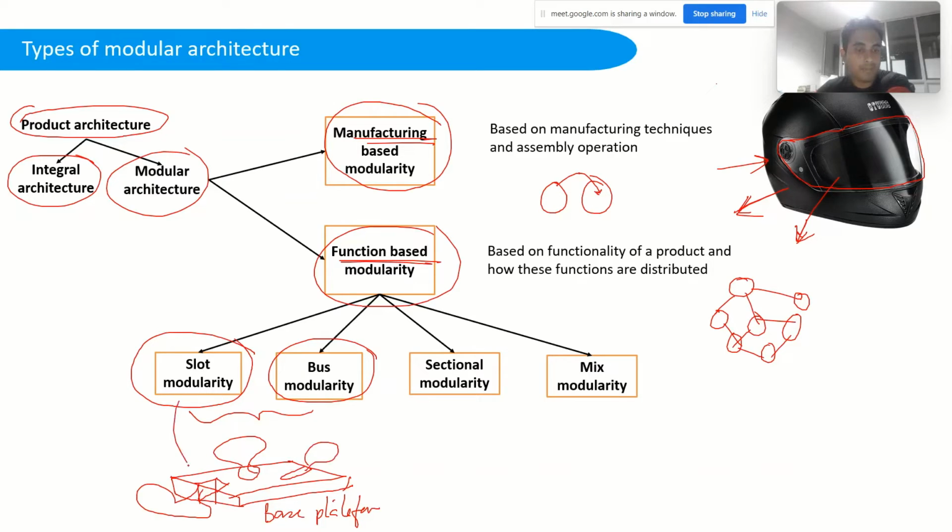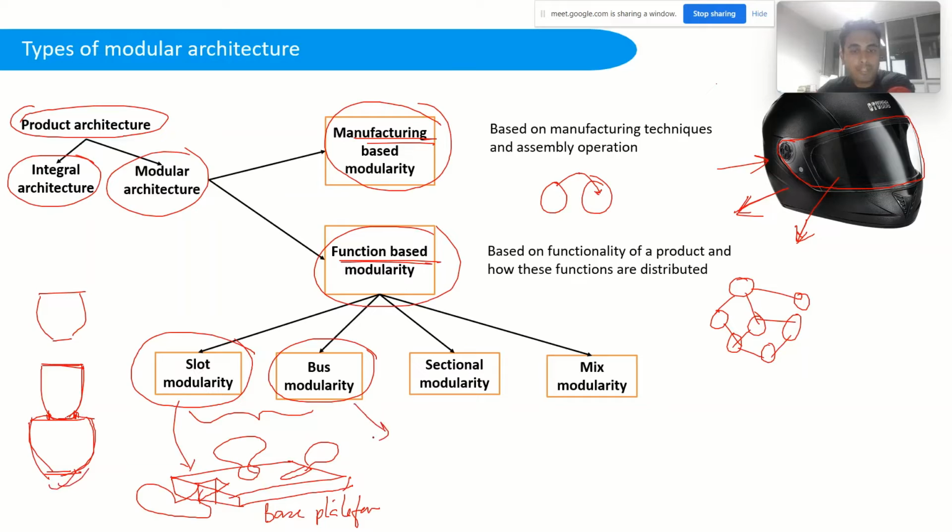This type of modular design is called slot modularity. For example, in a mixer grinder, the top part has a slot where a mixer jar fits, and different mixer jars also fit into that particular slot. So this is slot modularity. Got it? Yeah, good.